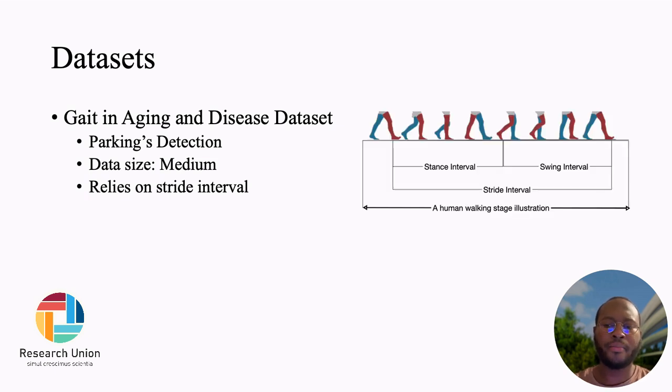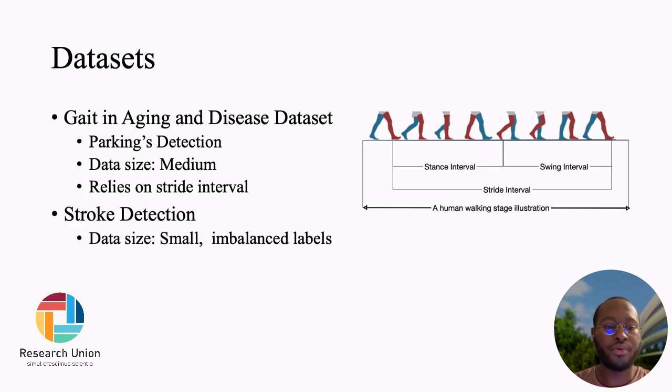The stride is like the time between when a person's foot touches the ground, lifts up, and then touches the ground again. That interval is the stride interval, and that is very important for a dataset of Parkinson's, for example. We also have a stroke dataset to predict if a person has stroke.